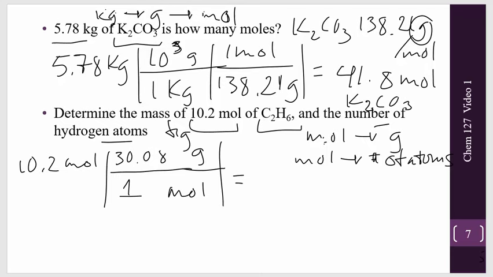Here we do have 3 sig figs, so we'll keep it at 3 sig figs in our answer: 307 grams of the molecule. What we need to do next is find the number of atoms. If you want to make it a little more challenging, you can take this number of grams and convert that back to moles and then to number of atoms. I'm just going to start with the 10.2 moles.